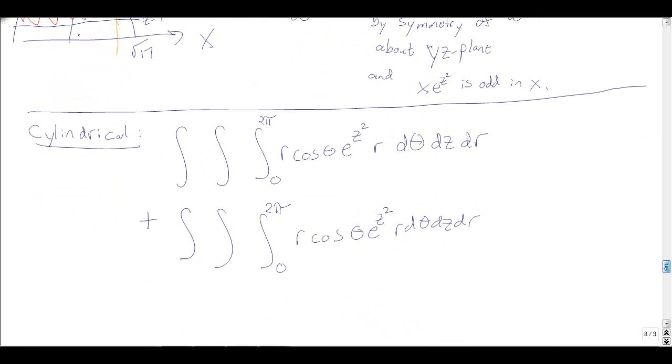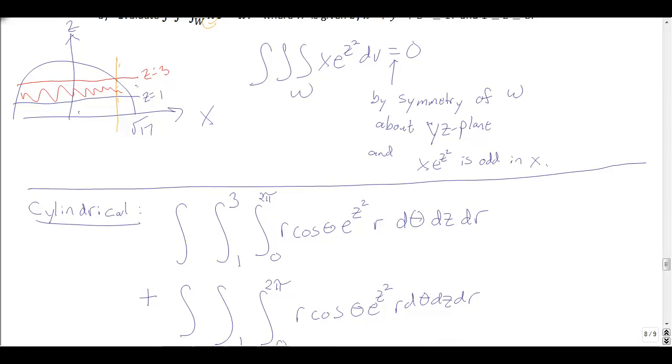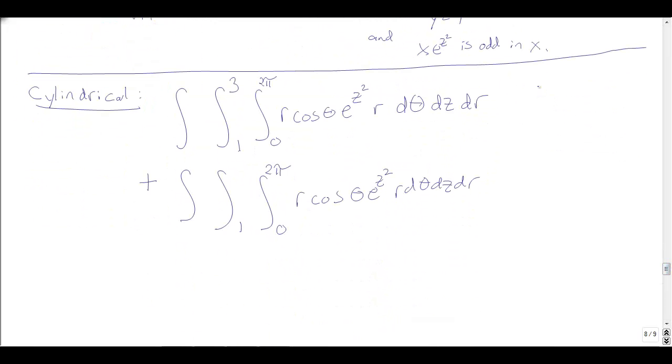So z, let's do the left one first. Z went from 1 to 3. On the second one, z starts at 1, but it goes up to the sphere. Our sphere equation was x squared plus y squared plus z squared equals 17 on the sphere.